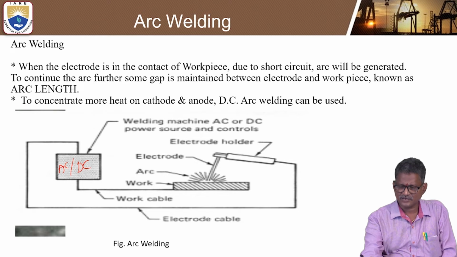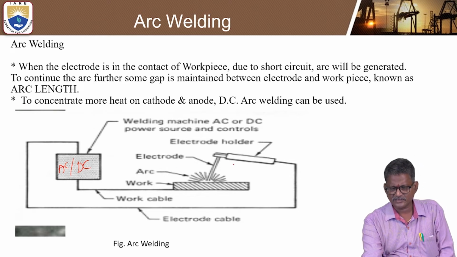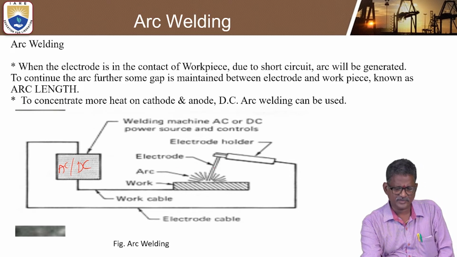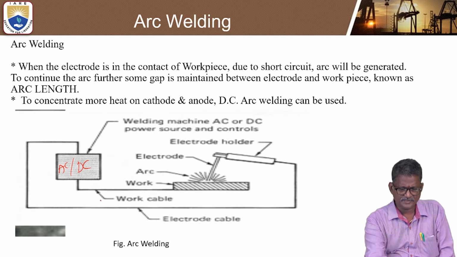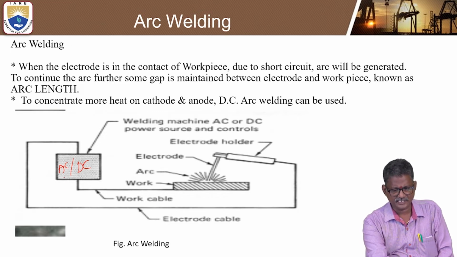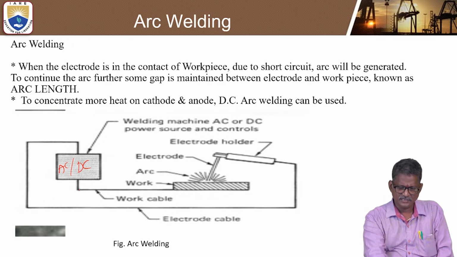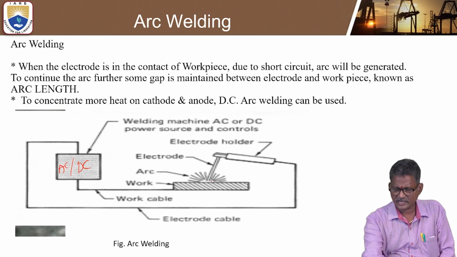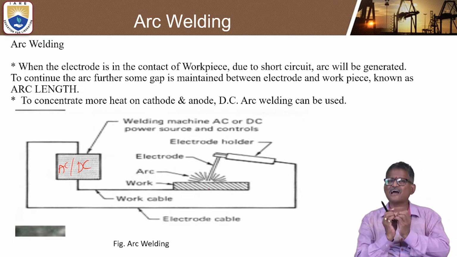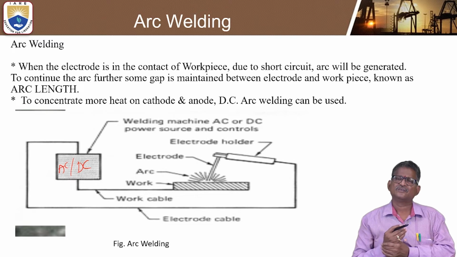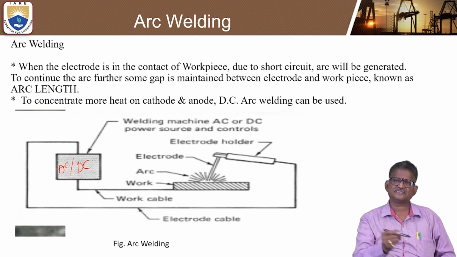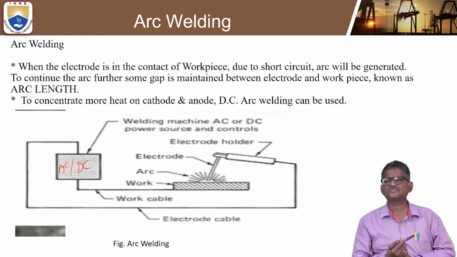This electrode holder and electrode can be kept to one side, and the workpiece will be joined in the AC or DC, so that due to that cable we are able to produce some spark, and an arc can be generated while touching that electrode, so that the joining can be performed very easily.